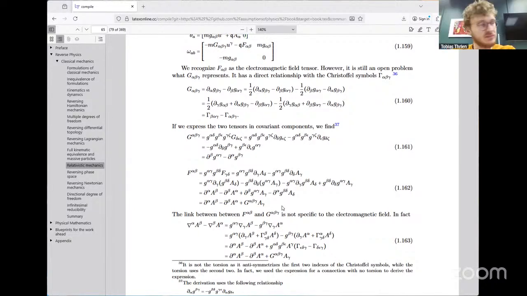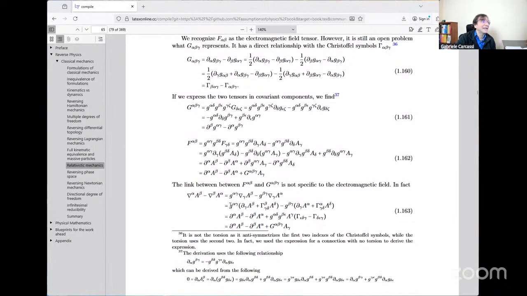Mm-hmm. And then there is another cute thing: the antisymmetrized covariant derivative is the same as the antisymmetrized standard derivative.